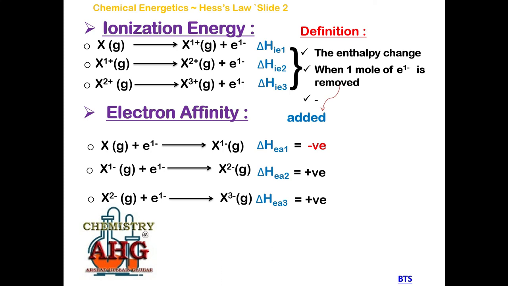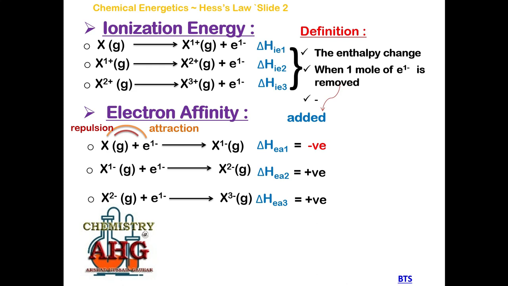Whenever an ion gains an electron, during the addition of electron, two forces operate. One type of force is the force of attraction between the incoming electron and the nucleus of the atom. And there is also another force, the force of repulsion between the incoming electron and the electrons that are already present in the valence shell of that atom.